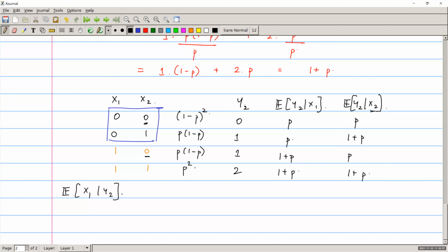So can you tell me what is the expectation of x1 given y2? There are three values y2 can take, 0, 1 and 2, and two values that x1 can take. So help me compute this.